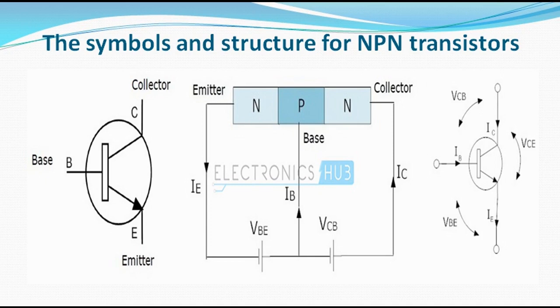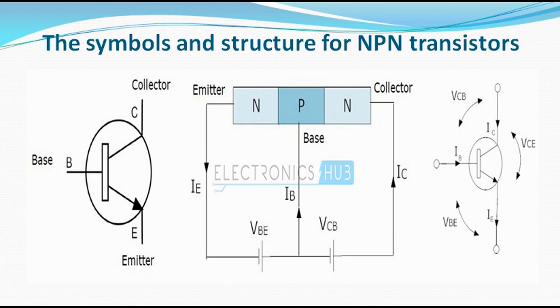So let's proceed. The PNP transistor is another type of bipolar junction transistor. It contains two P-type semiconductor materials separated by a thin layer of N-type semiconductor.